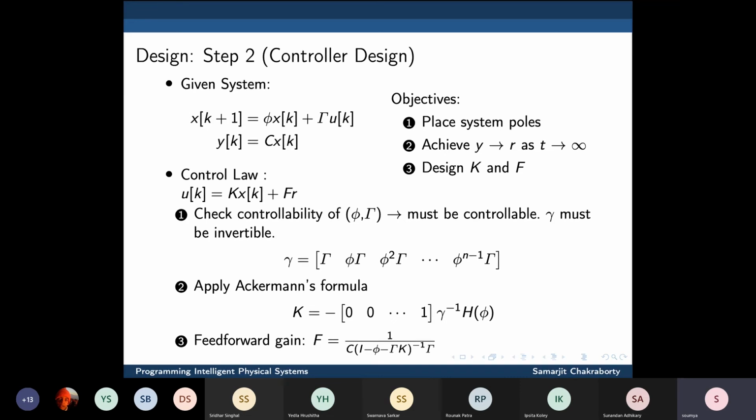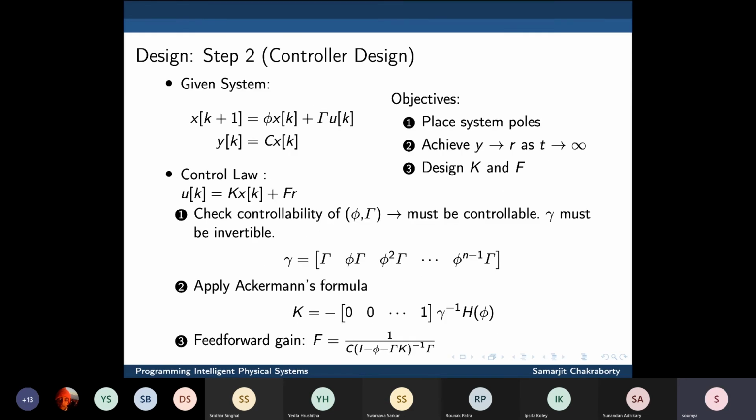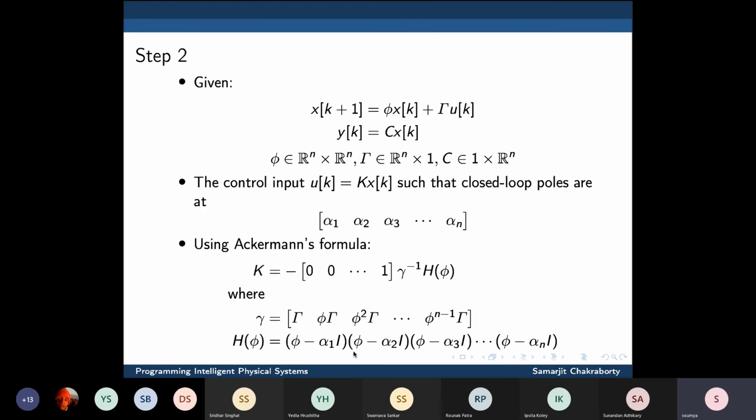Of course, you have to choose the values of these poles such that they are located at your favorite points, and then you apply this method to get the controller gains and all that, right? So, like we have been discussing, you place the system poles at certain positions, and you design this k and f by suitable application of Ackermann's formula.